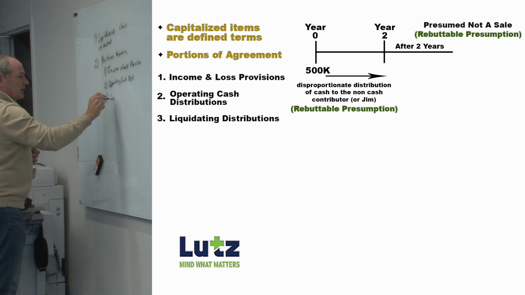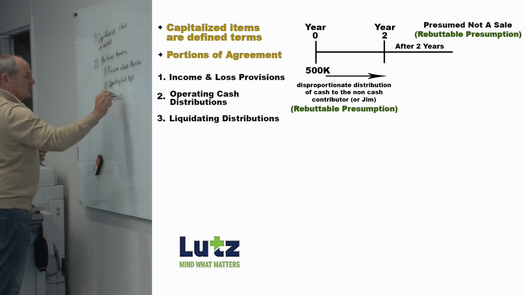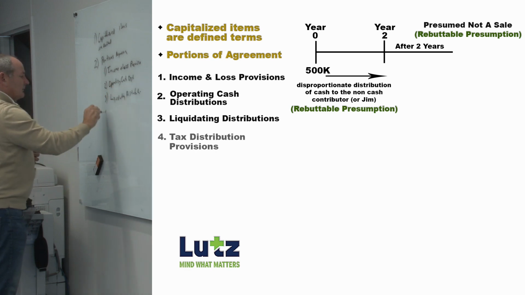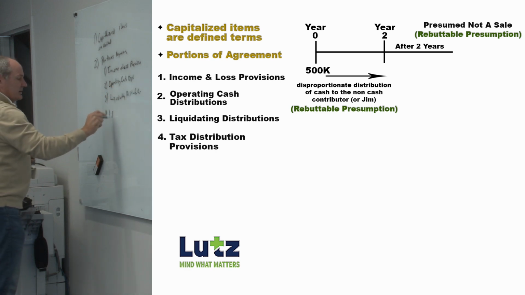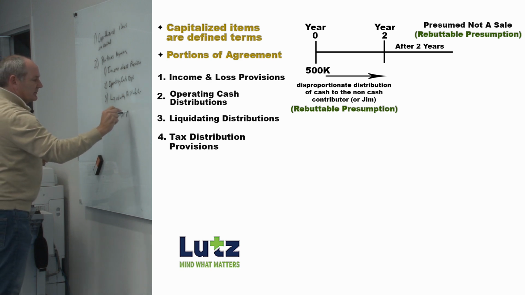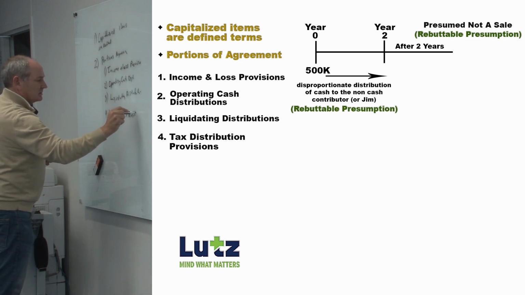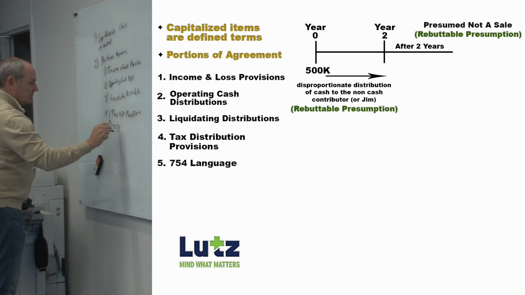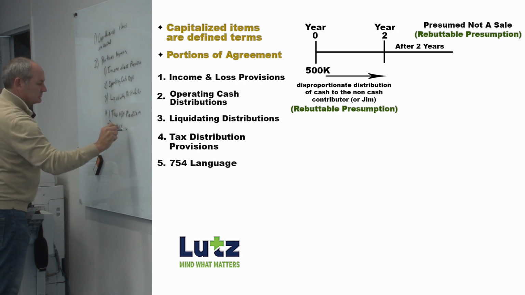Three, liquidating distributions. Four, tax distribution provisions. Five, 754 language.